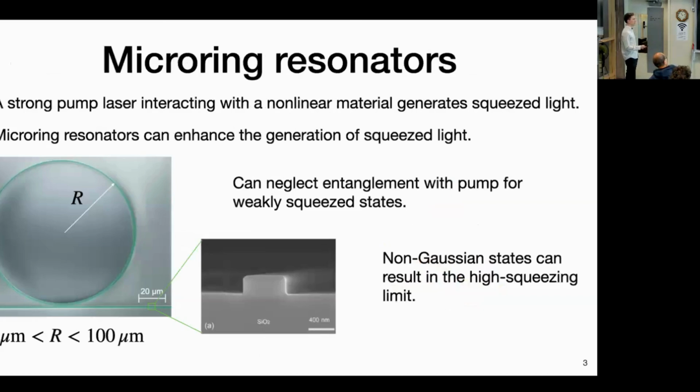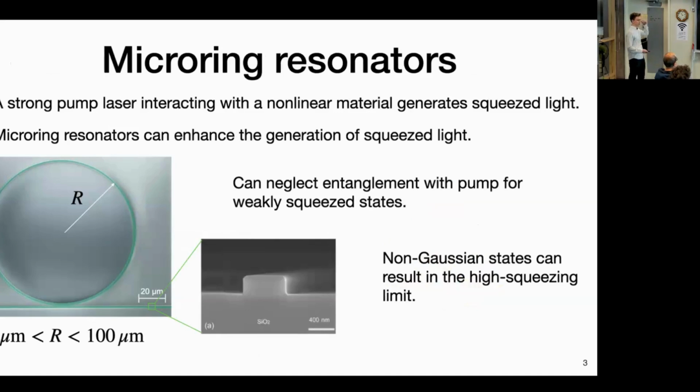Okay, so squeeze states can be generated by a strong pump laser interacting with a nonlinear material. And this interaction can be enhanced in a ring resonator. And to first approximation, you can neglect the entanglement between the generated squeeze state and the laser.